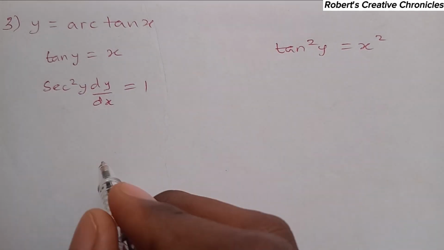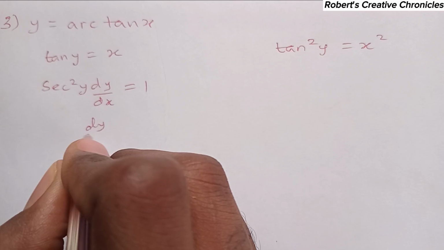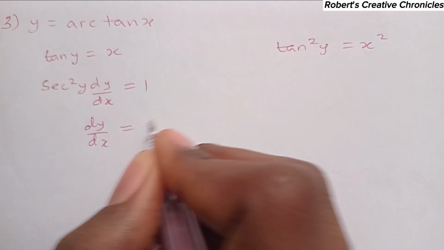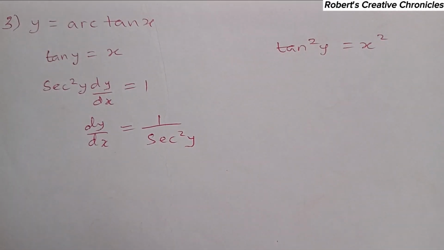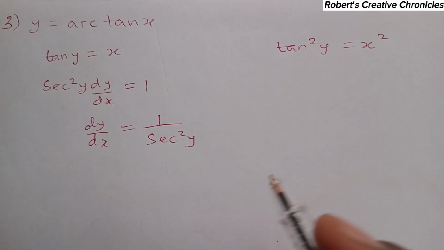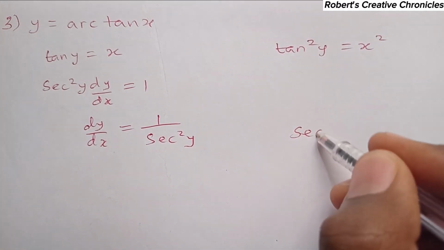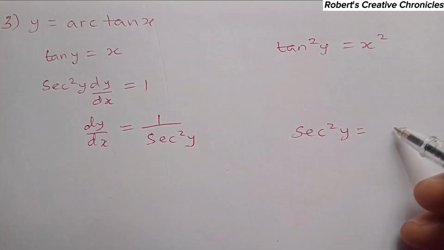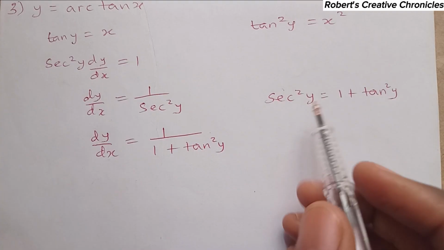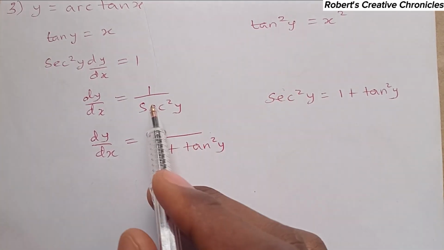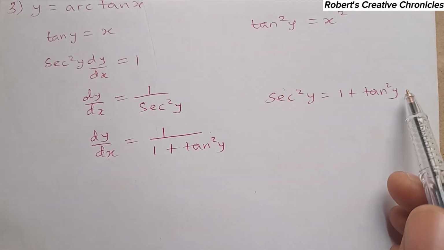Then we'll make dy over dx the subject of the formula. So dy over dx will be 1 over sec square y. Now, you know that sec square y equals 1 plus tan square y. So now we'll substitute sec square y here, which is 1 plus tan square y.